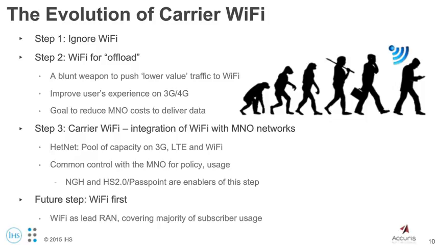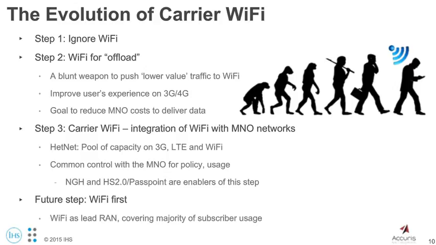And then over the last couple of years, we've seen a drive towards Wi-Fi offload, where Wi-Fi can be a blunt tool for pushing low-value traffic off onto Wi-Fi. It was viewed as, how do I get the more important stuff through on my network, and I'll just hand off all those YouTube videos to Wi-Fi and shovel that off to the side, and really look at the cost of delivering data.